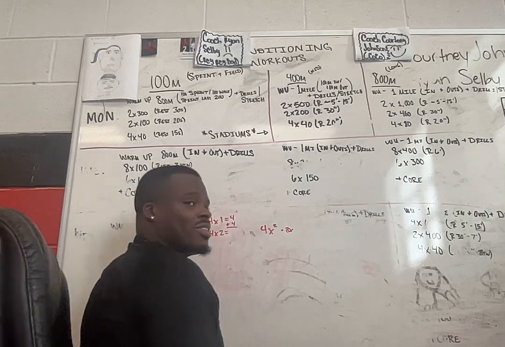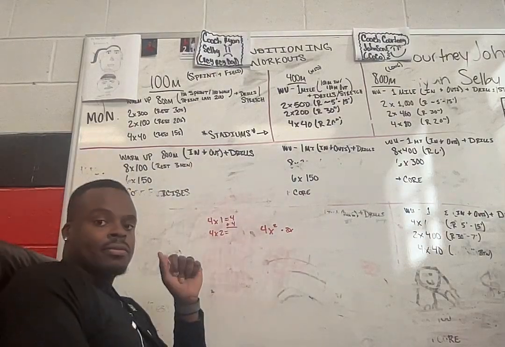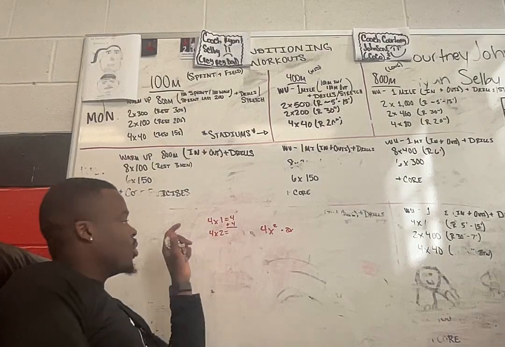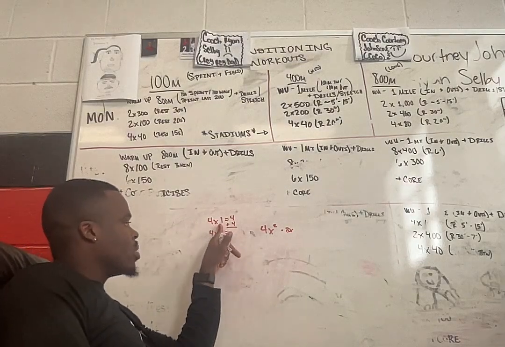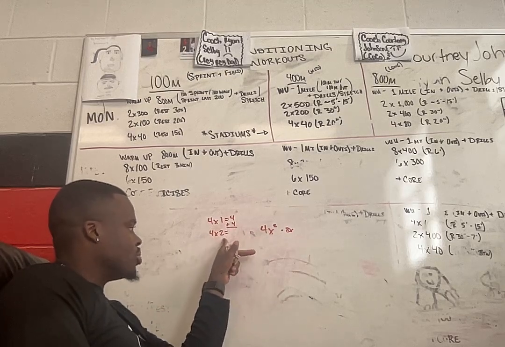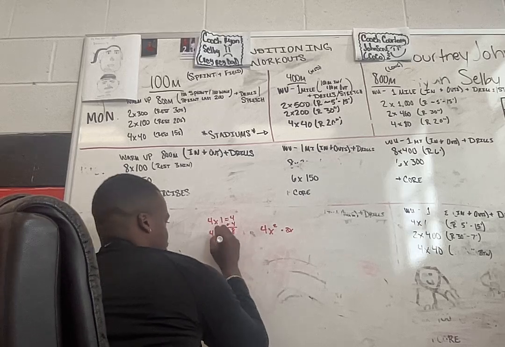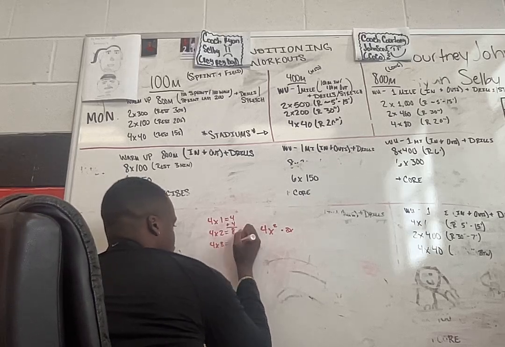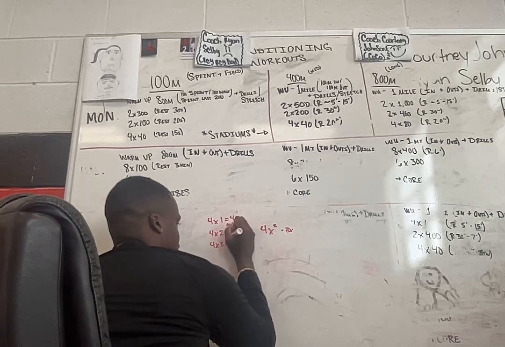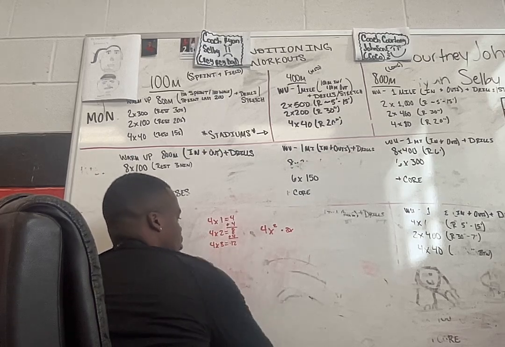You can count on your fingers, that's fine, I do it too. So 4 times 1 equals 4, and if we're adding 4 to the next one, 4 times 2 equals 8. And 4 times 3, we add 4 again, 8 plus 4 equals 12. There you go.